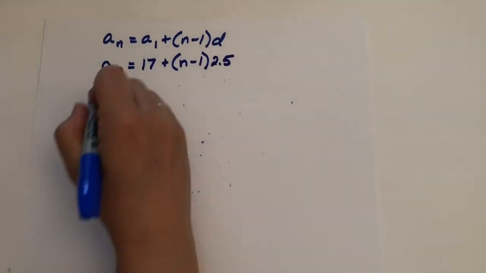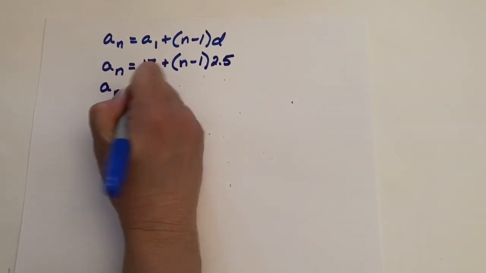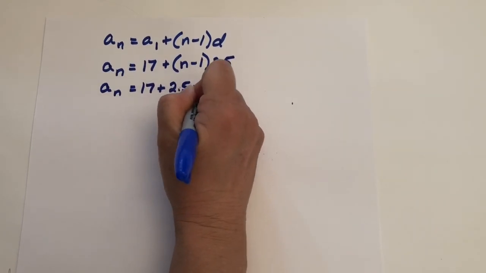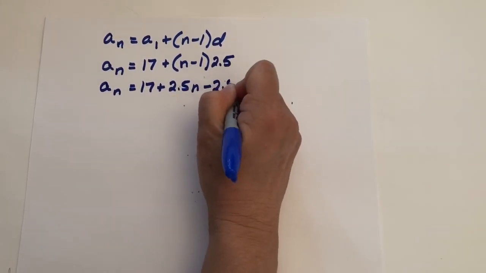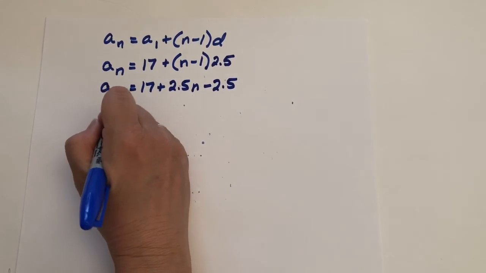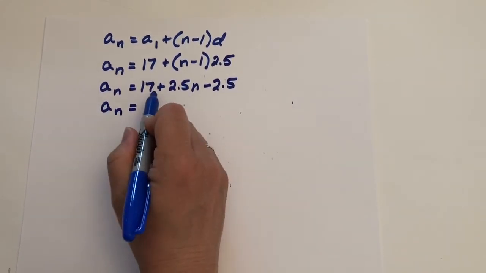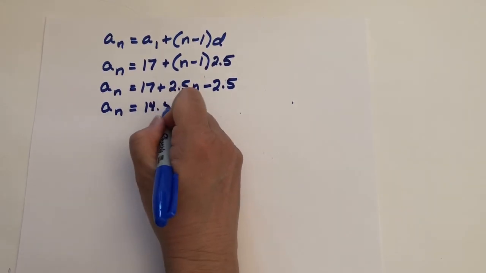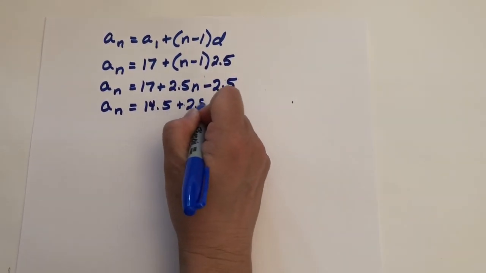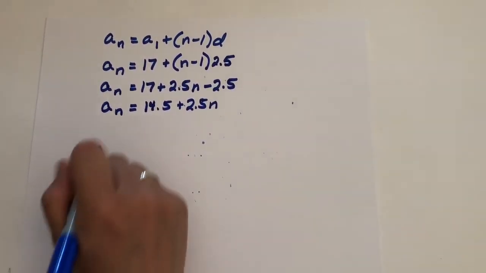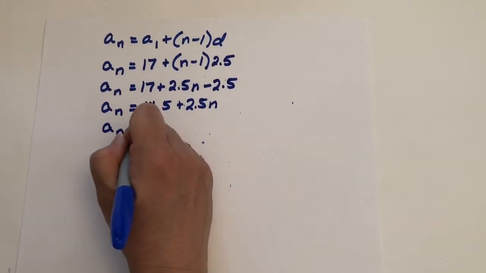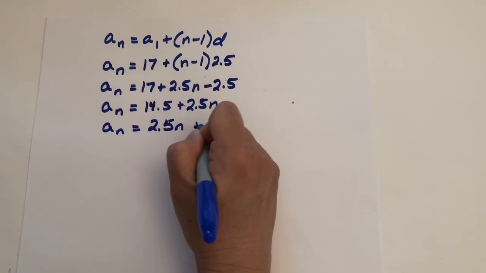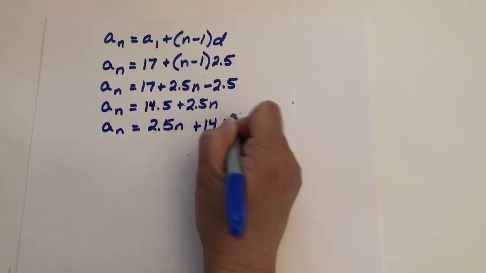So if we distribute, we have 17 plus 2.5n minus 2.5, or the nth term is 14.5 plus 2.5n, and I actually prefer to write the term with the n first, so let me do that. 2.5n plus 14.5.